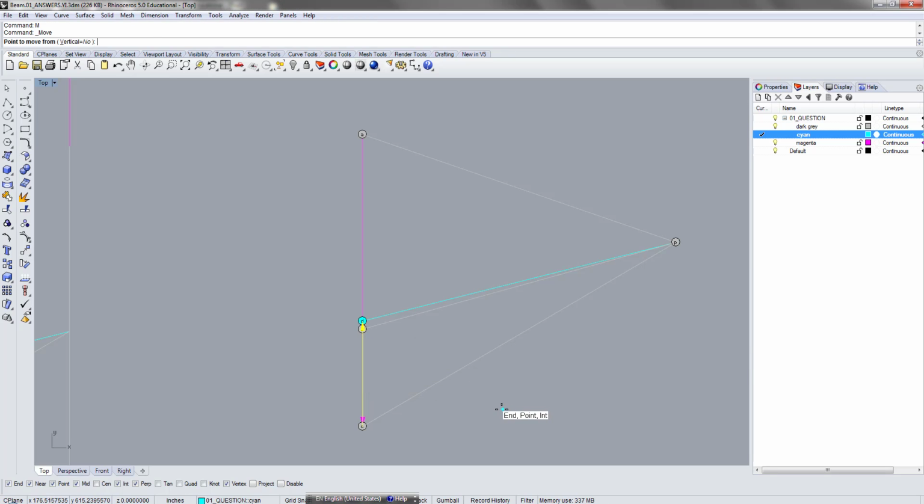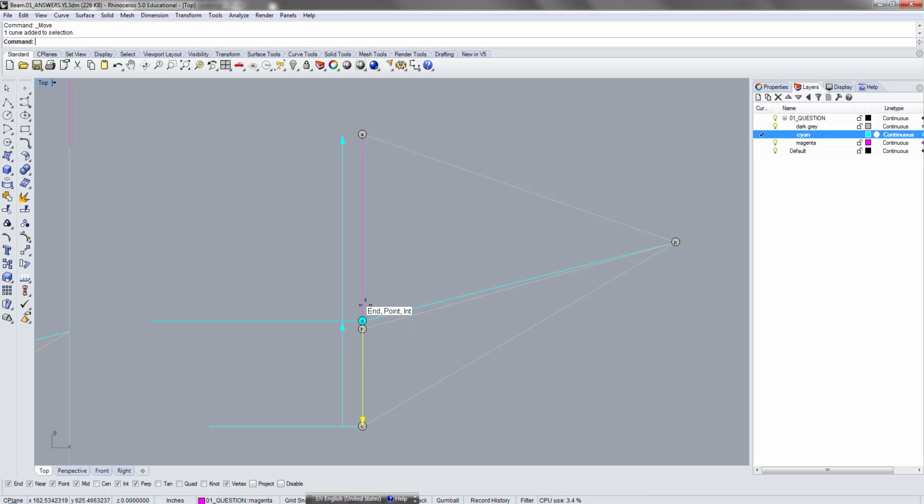So that's, let me pull it to the side. Right, if I connect from point D to point A, that's going to be the second reaction.